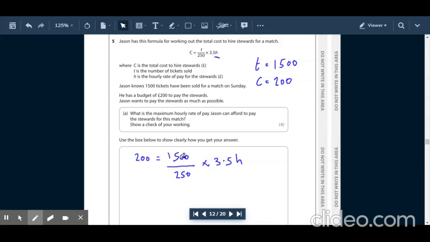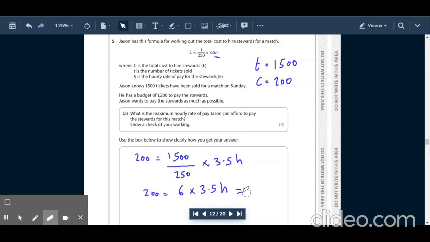So I'm going to say, what is, if I work out 1,500 divided by 250, that's going to give me 6. So all of this just equals 6. So I can say 200 is equal to 6 times by 3.5H. And 6 times 3.5 is 21.